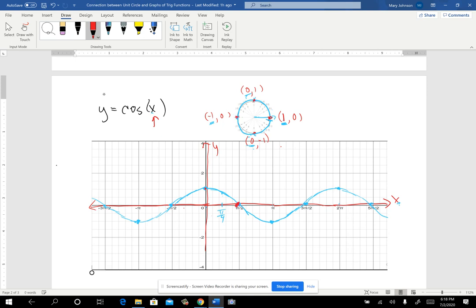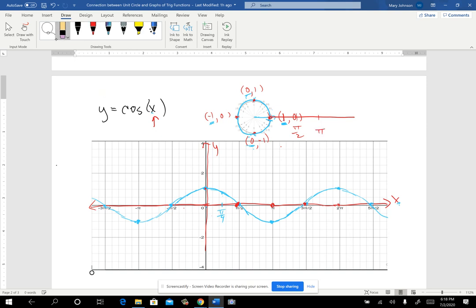And this spot corresponds with pi, okay? And this spot corresponds with 3 pi over 2, and so on. And then what we're doing is looking at what is the cosine at those locations. But it's almost like I just took a piece of string and then laid it out right here. And so I have my pi over 2, my pi.